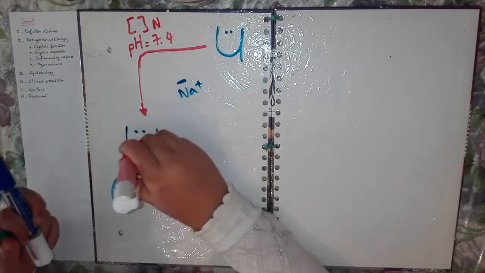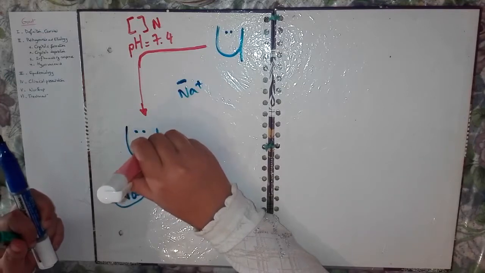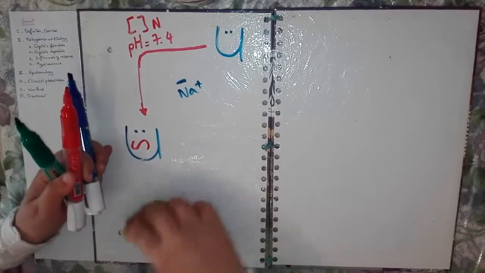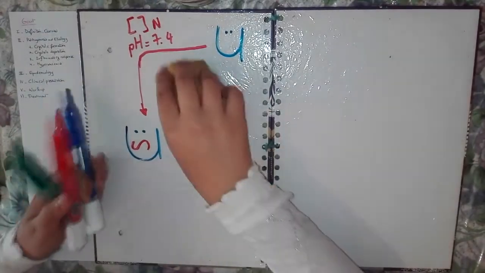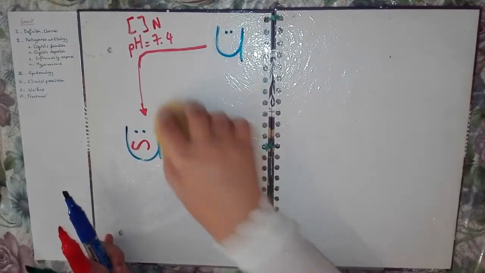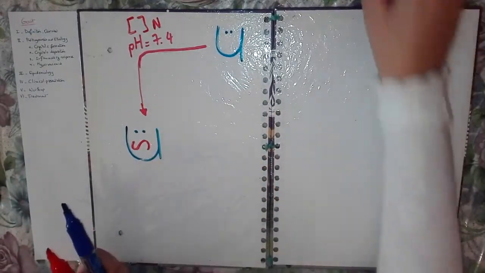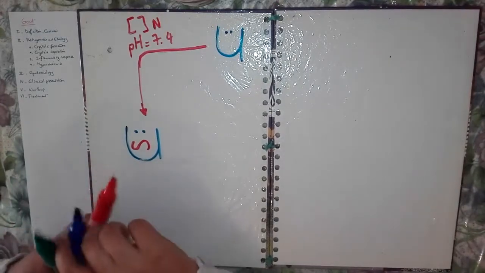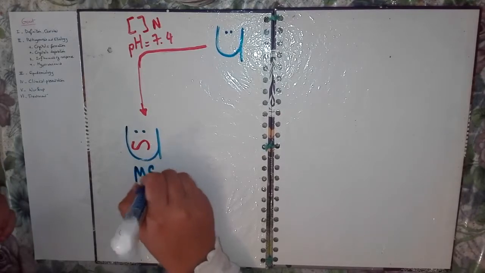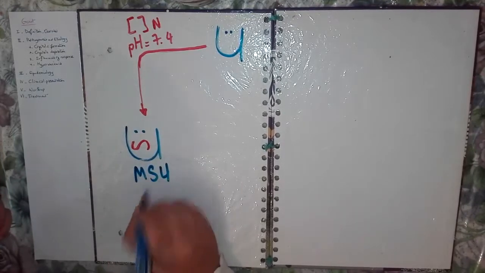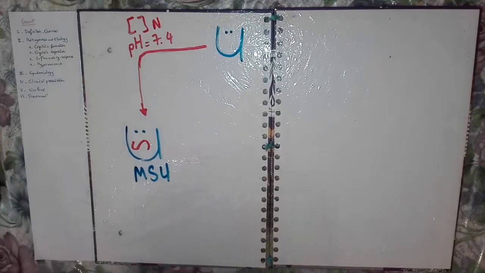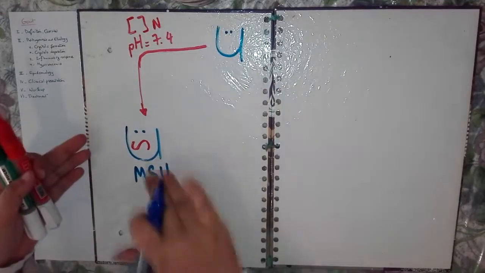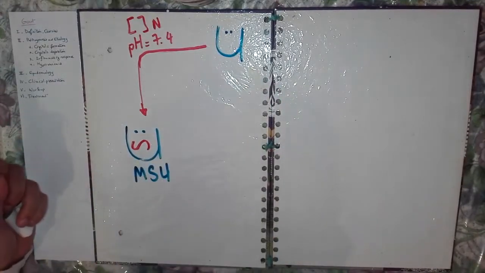I'm going to show it this way with an S. This is Mr. Uric acid that has lost a proton and bound a sodium ion. This is called MSU, monosodium urate. This is in the normal condition. So, in the normal condition, we have MSU in the circulation.